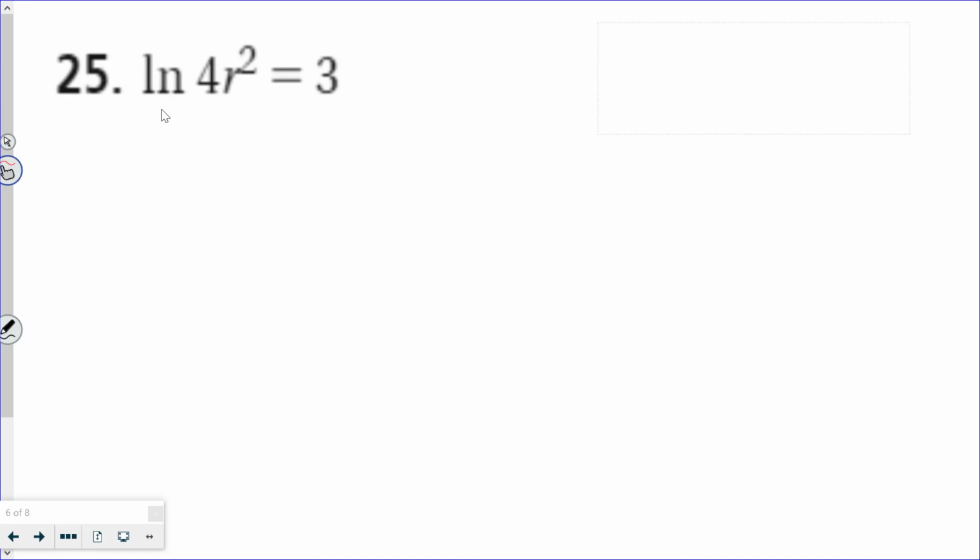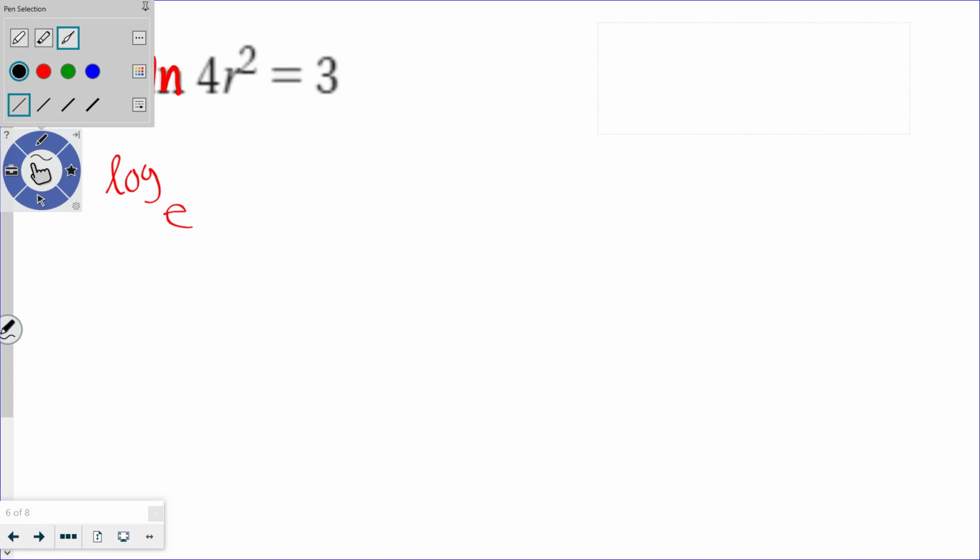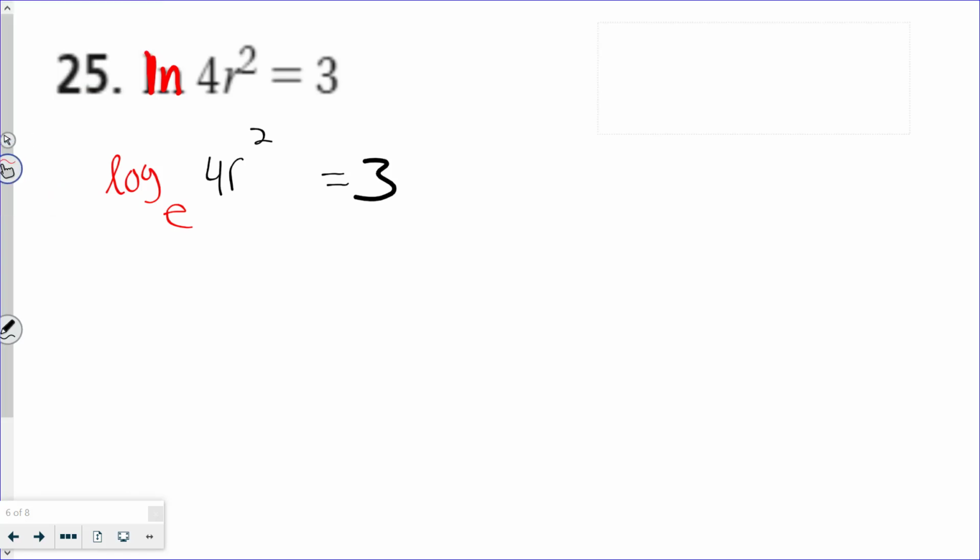Log base e. All right, great place to start. We'll take this ln, change that to log base e. 4r squared equals 3. Thank you, Angelina, for taking the initiative. Haley.